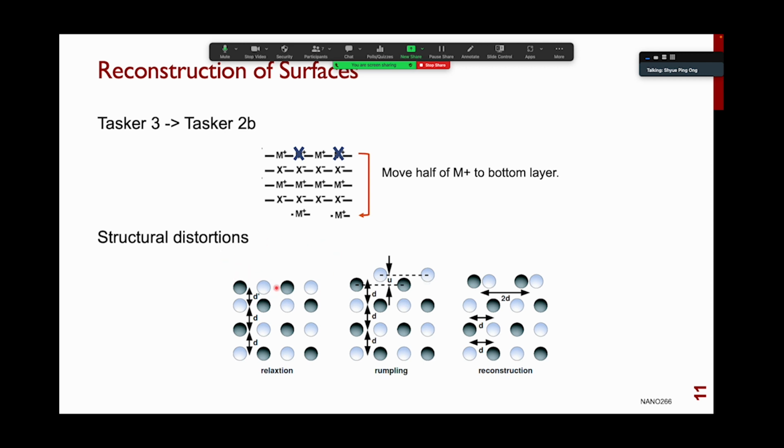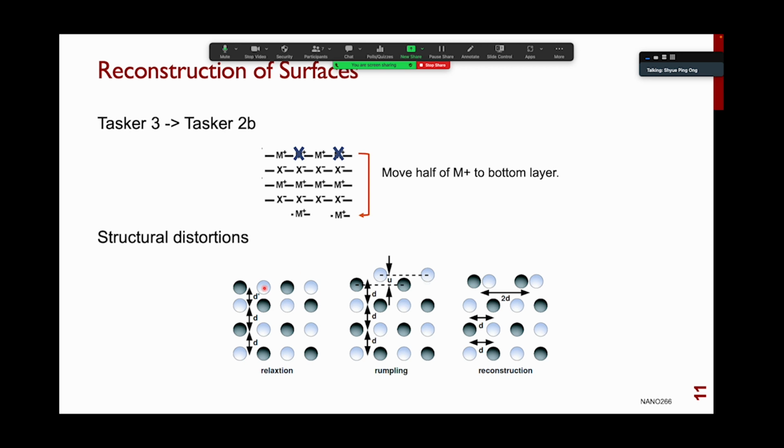You have one side where you essentially have nothing bonding to the atoms. It's not like an atom in the bulk, where you have bonds on all sides. And that lack of bonding can result in what are called surface reconstructions.